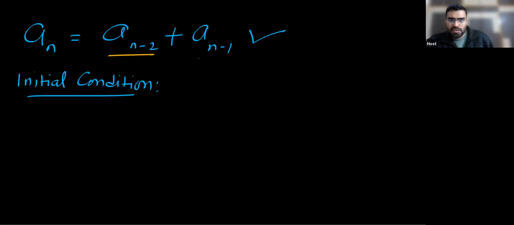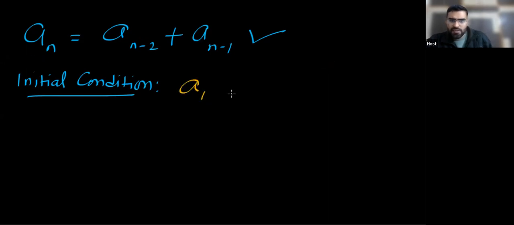Just think about it: if I give you only A1, can you find A2? You cannot, because if you want a_n, then you need both previous terms. So you need two initial conditions.